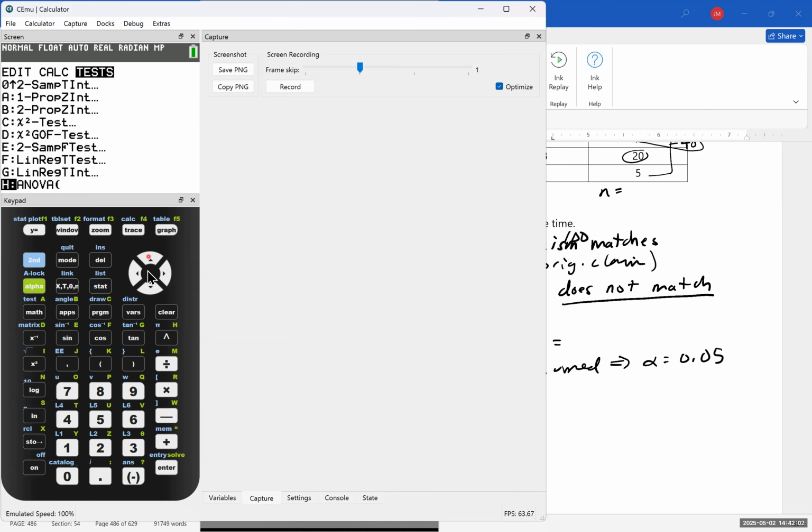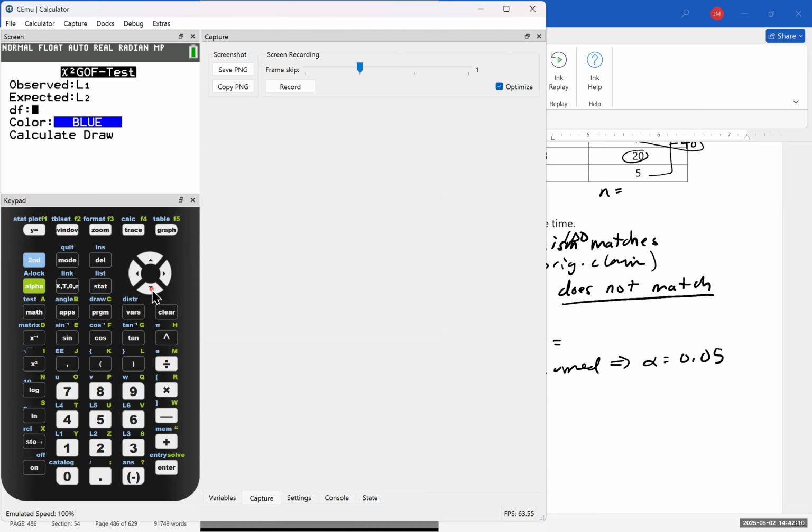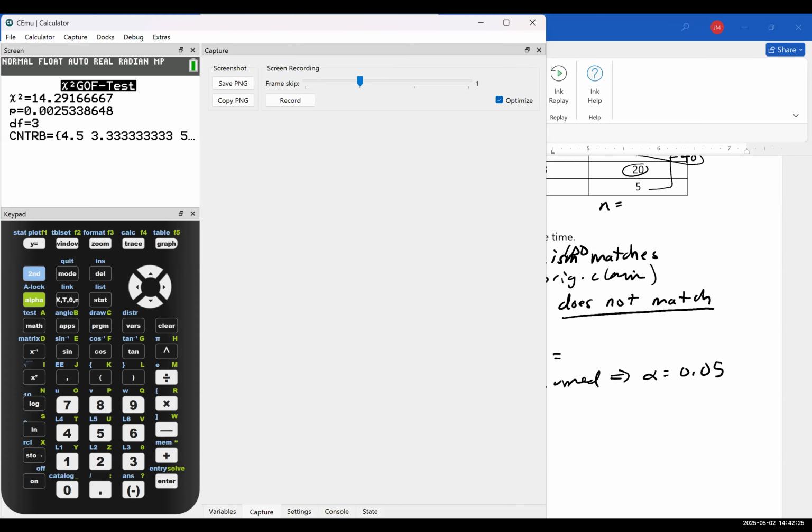I'm going to scroll up because I know goodness of fit is closer to the bottom. And since I put observed first, that was in list 1, expected is list 2. But now we've got 3 degrees of freedom. So I'll go ahead and hit calculate. Okay, so we got chi-squared of 14.29 and a p-value of 0.0025.